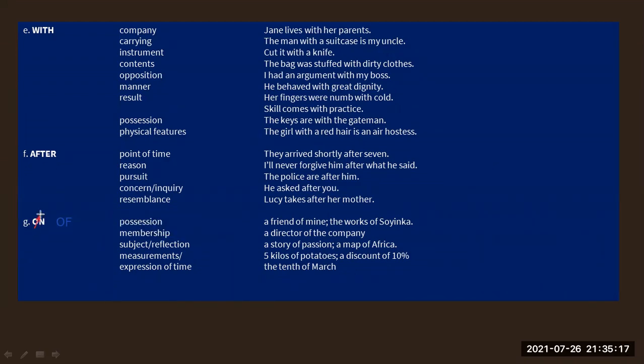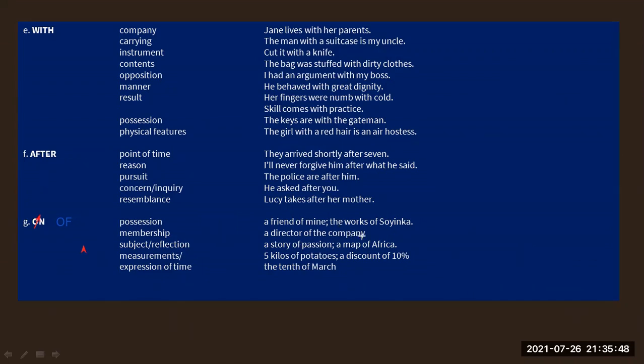That was a typo. Okay, so to indicate possession, we use of: a friend of mine, the works of Soyinka. That means works that belong to Soyinka. All right. Then you can use of to indicate membership. A director of the company is a member.